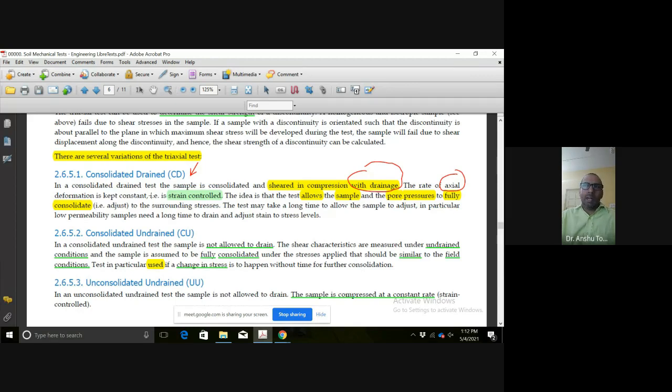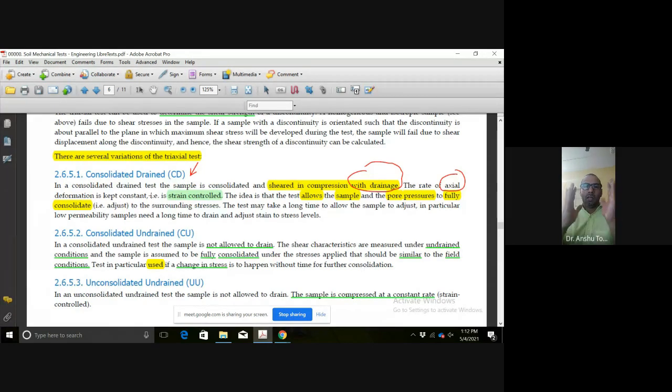Then the second one is consolidated undrained test, where in the water bath the drainage is not allowed, the pressure which has been induced earlier is going to remain the same. The shear characteristics are measured under undrained conditions.